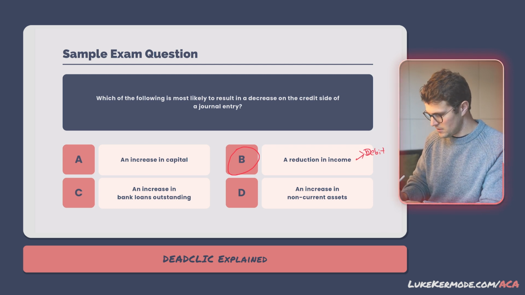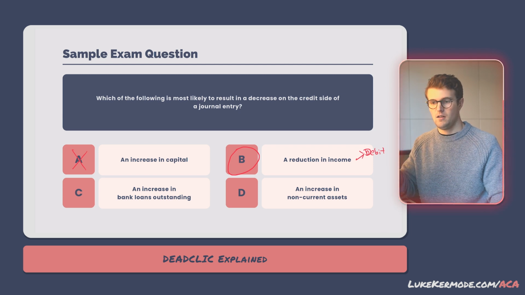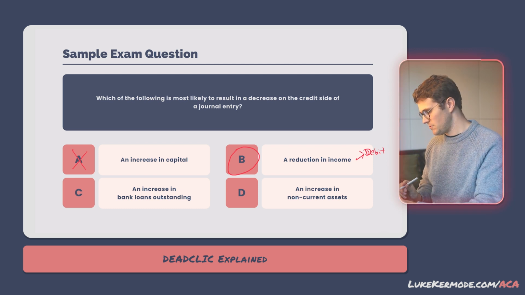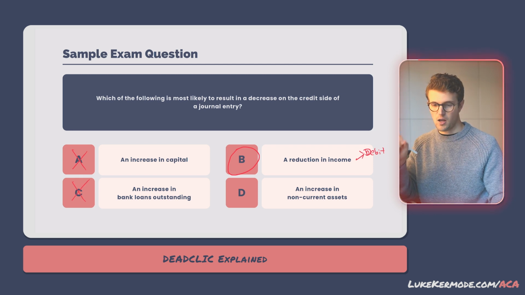Option A is an increase in capital. That's a credit entry. So an increase in a business's capital would lead to an increase on the credit side. It wouldn't reduce the credit side of a journal. Option C, increase in bank loans. That's a liability, and liabilities are credited when they increase.